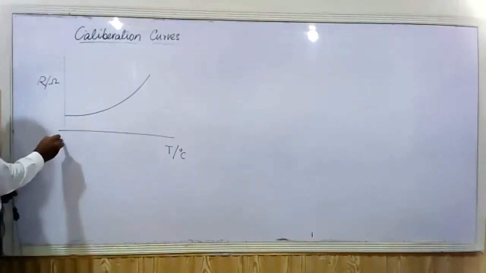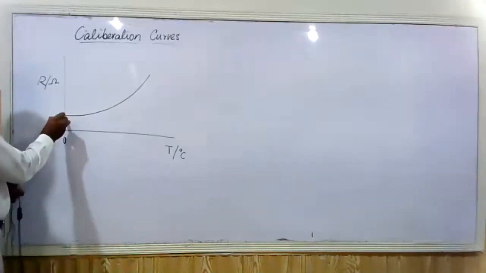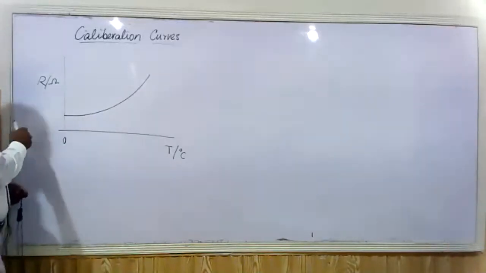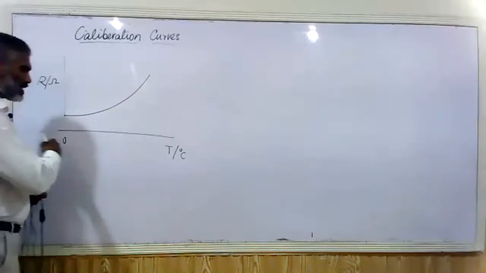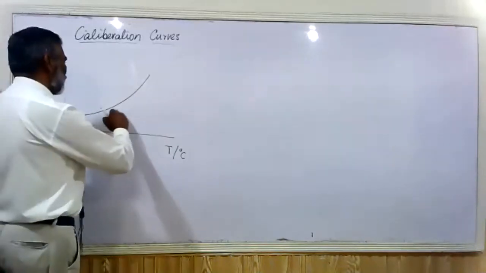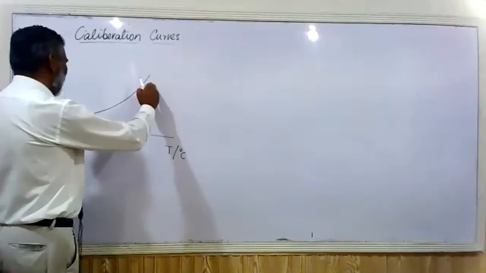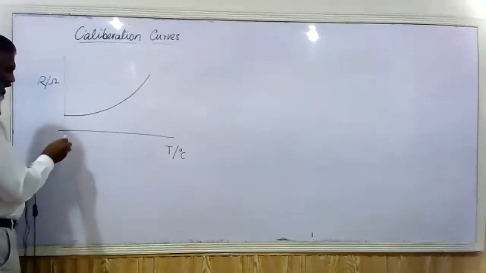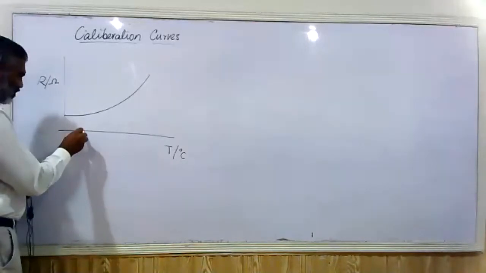At 0 degrees Celsius, there is some resistance, but as you increase the temperature, the resistance increases like this. That means as you increase the temperature from 0 to 10, there is hardly any increase in resistance, because see, this is almost straight line.